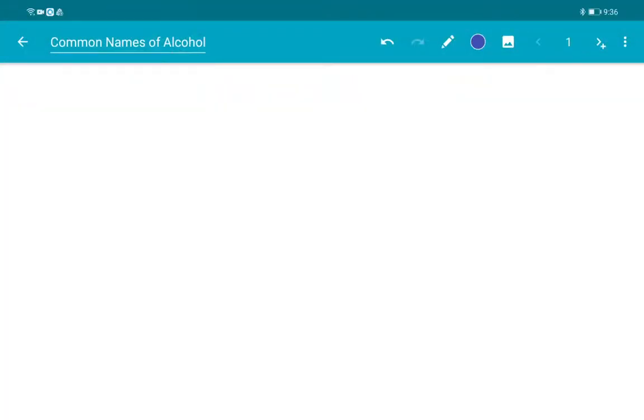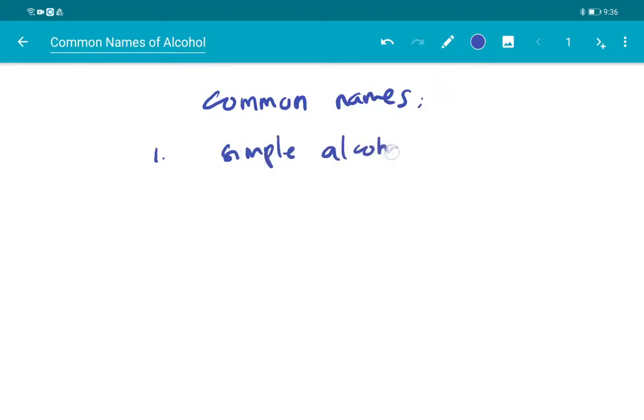Another alternative of naming alcohol, we can also use the common names. Okay, berbeza dengan IUPAC system which includes the number, the common names can only be applied towards a simple alcohol. When I mention the simple alcohol, it refers to alcohol which contain less than 10 carbon attached to it.